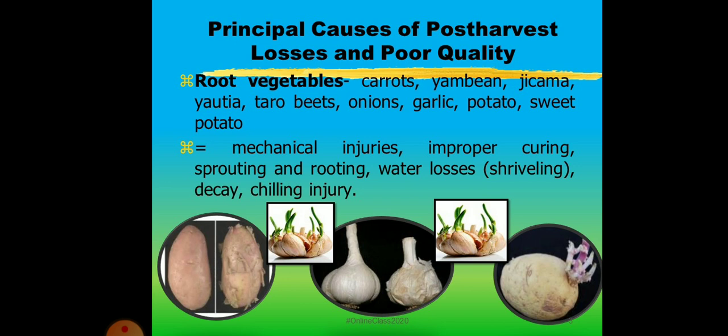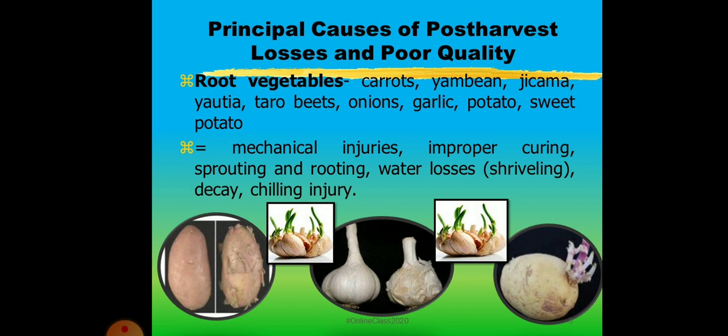The root vegetables, in accordance to use or purpose, are intended for viand. So we have here roots, carrots, yambean, jicama, yautia, taro, beets, onions, garlic, potato, and sweet potato.